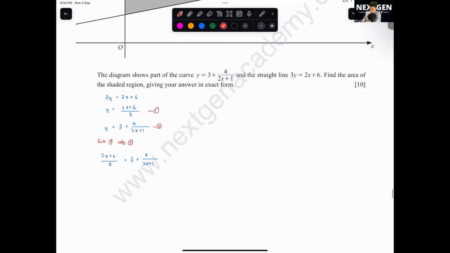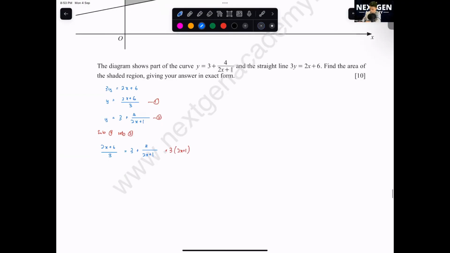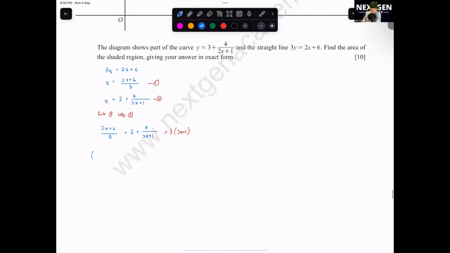I'm going to multiply the whole thing by 3 and 2x plus 1, because I want to make it linear, one line. So it becomes 2x plus 6 times 2x plus 1 equals 3 times 3 times 2x plus 1, then plus 4 times 3, or any way that you simplify it.